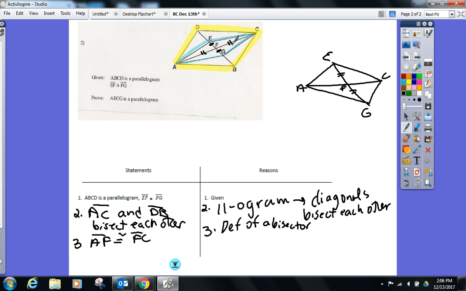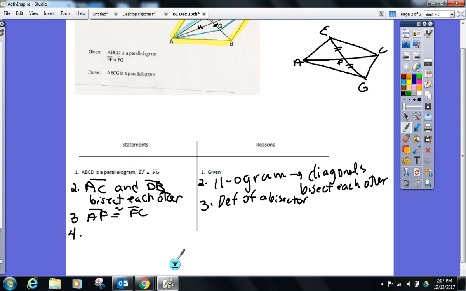Is it a parallelogram? It is. What's going to be your reason, though? Why is that a parallelogram here? Diagonals bisect each other. Did you tell me that, though? No, so we need to say that. You're not ready to say it's a parallelogram yet. You got to tell me those two diagonals, AC and EG, bisect each other.